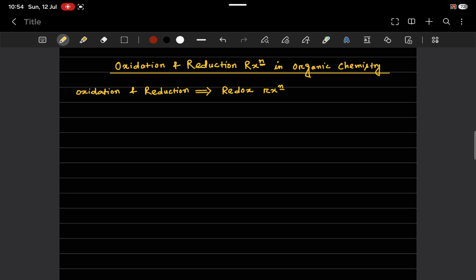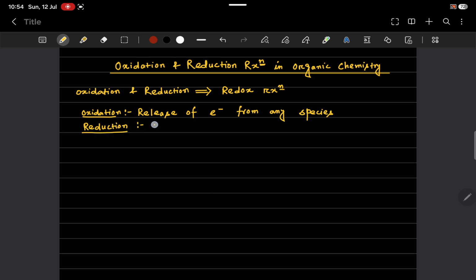For oxidation reaction, what do you mean by oxidation? Oxidation is nothing but release of electrons from any species, and reduction is just the opposite of oxidation.